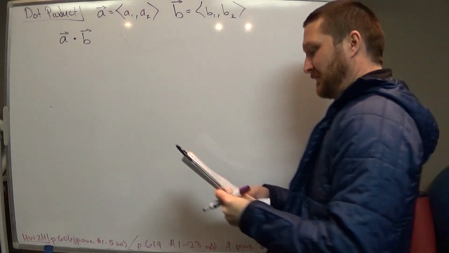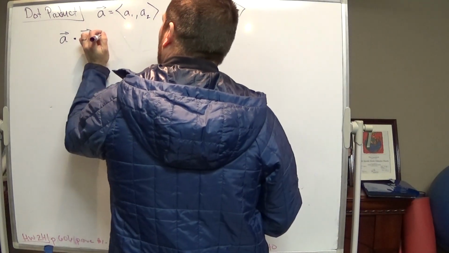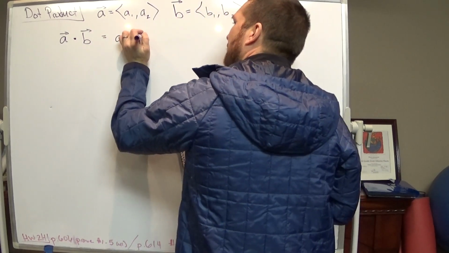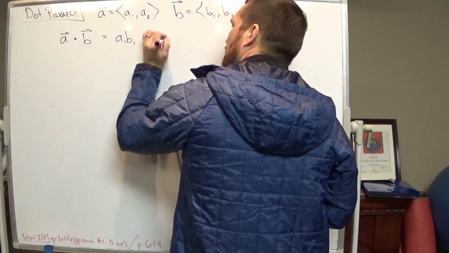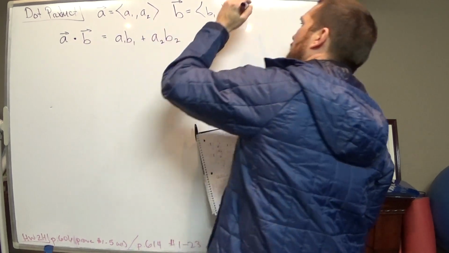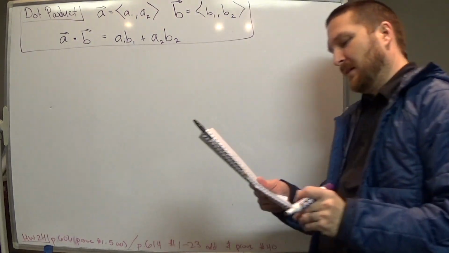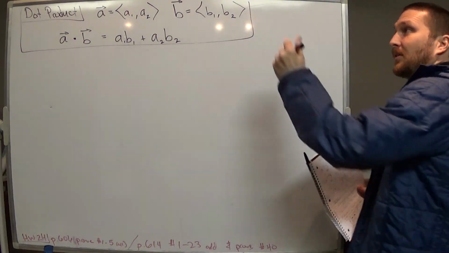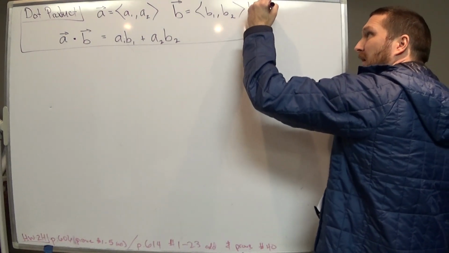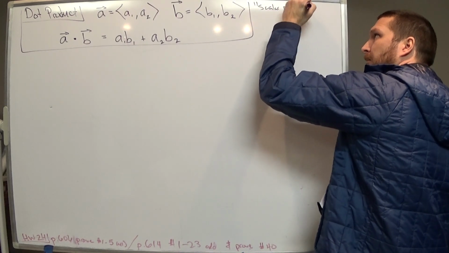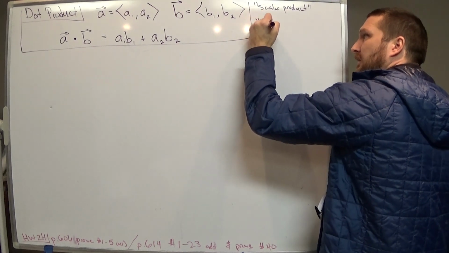A dot B is defined as A1 times B1 plus A2 times B2. That is what the dot product is. This is also called the scalar product. It's also called the inner product.